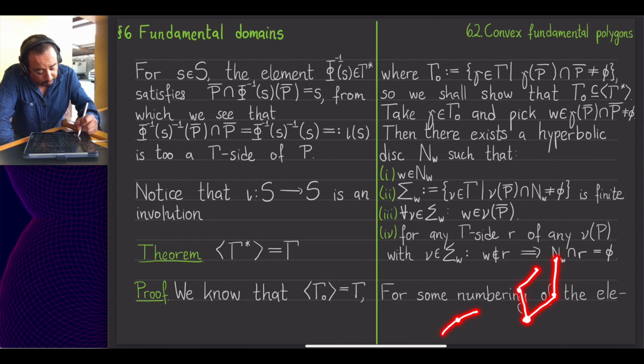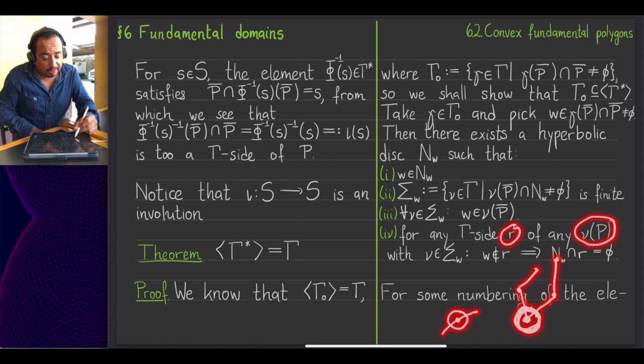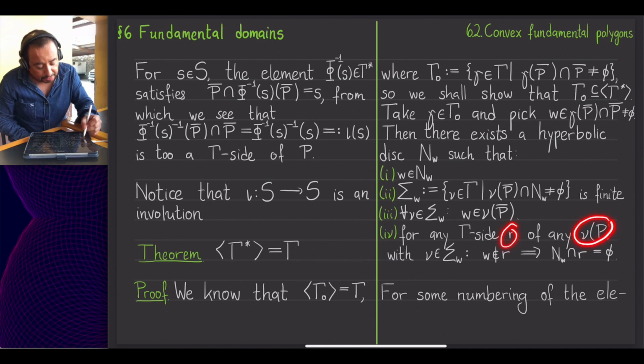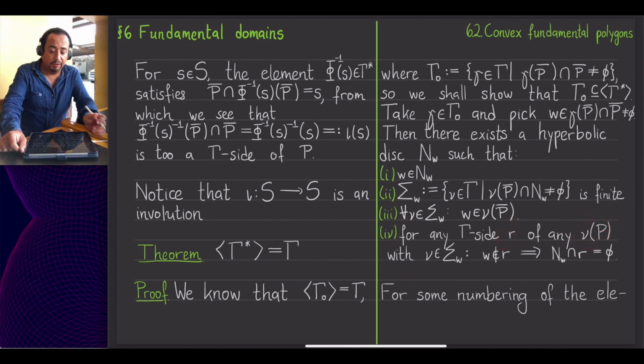So we can shrink N_W sufficiently so that only those gamma sides that contain W intersect the disk N_W. Gamma sides of translations of P, not only sides of P, but of translations of P.